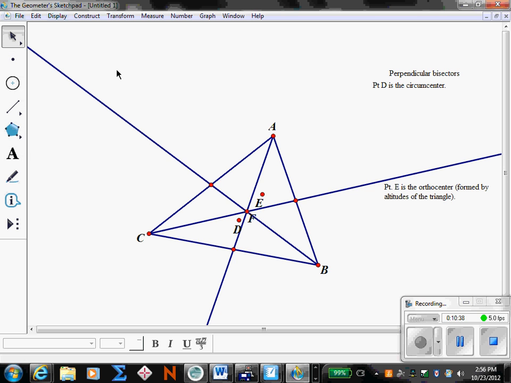So, point F is the point of concurrency of the three medians of the triangle, and it is called the centroid.